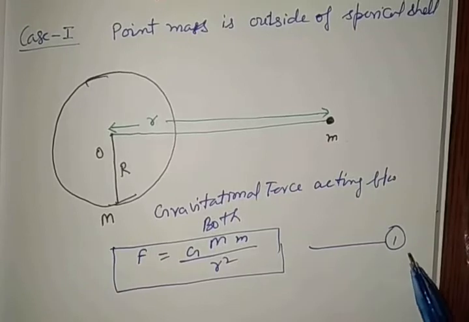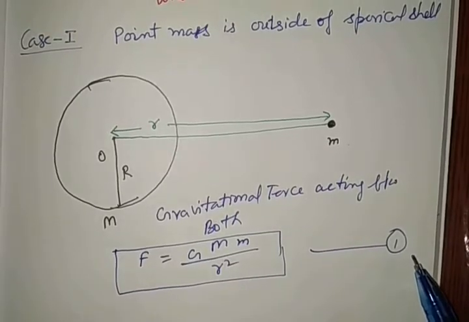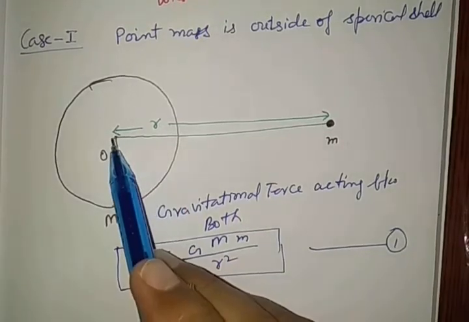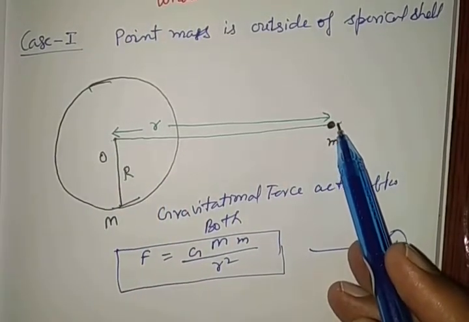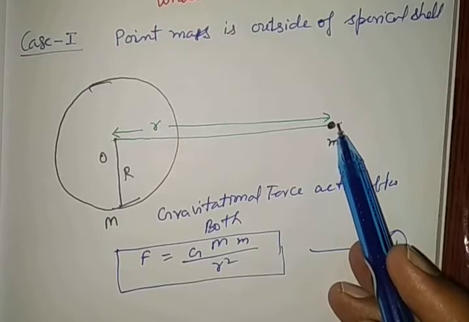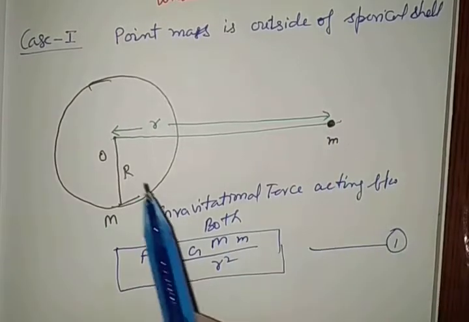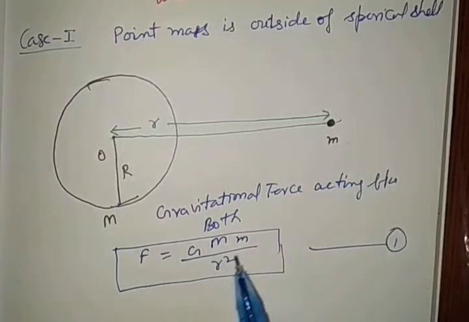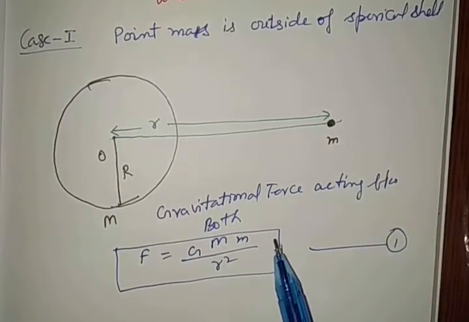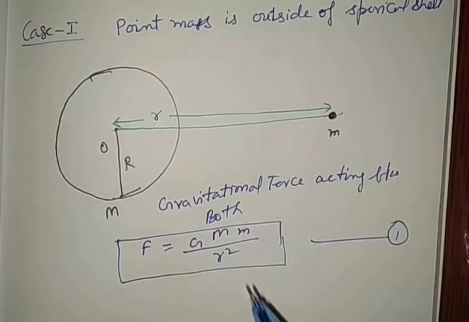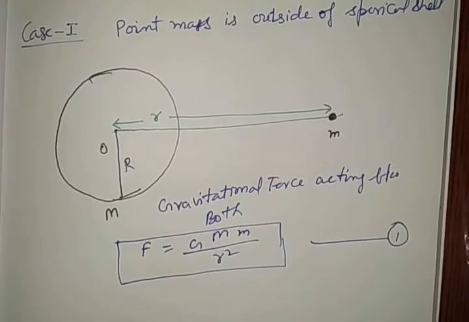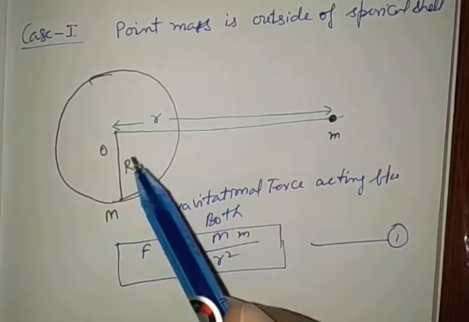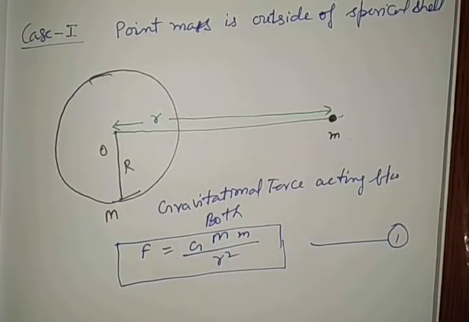There is no change in the calculation if it is kept outside. It is the same as two point masses kept away from each other; the force of attraction is given by the same formula. This is the normal formula. So no change in the formula when the point mass is outside the spherical cell.